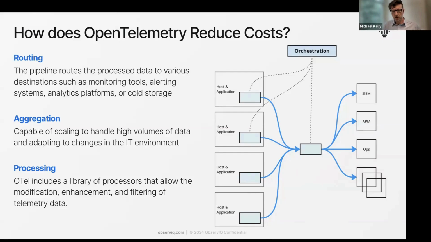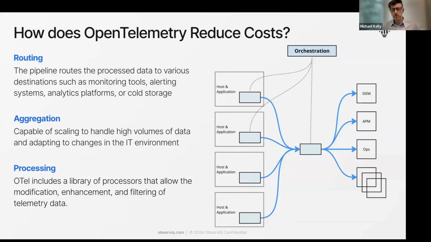OpenTelemetry, even within the official project, supports dozens of processors, and they're focused on things like transforming data, eliminating unneeded data, enhancing it, and filtering out components that you may not need. And again, I'll show a couple of examples of this as well.